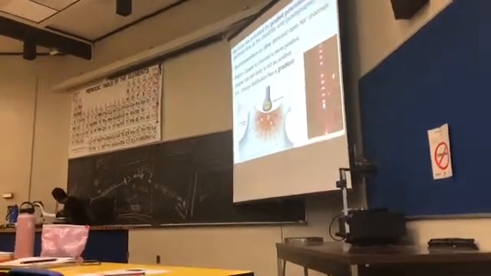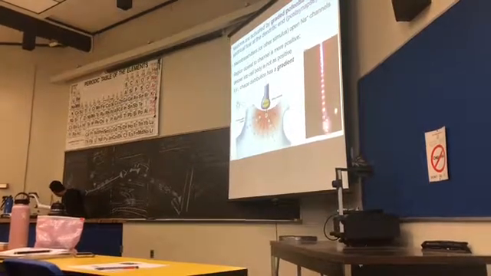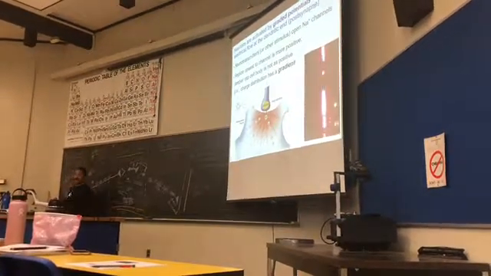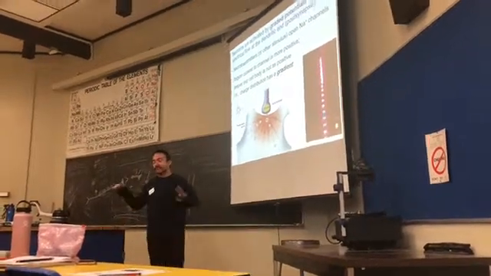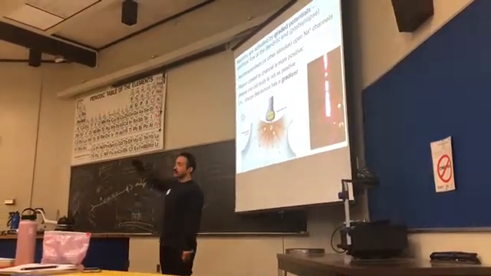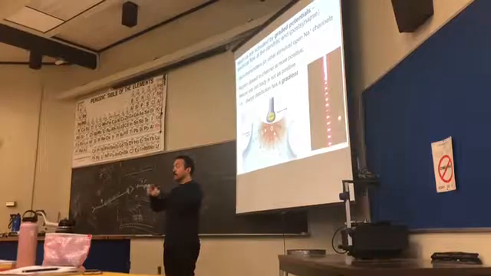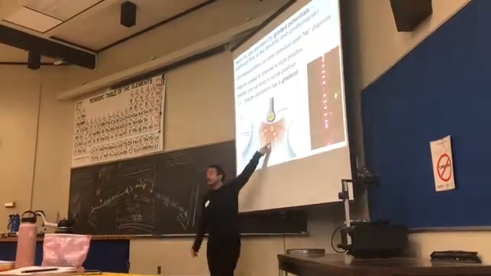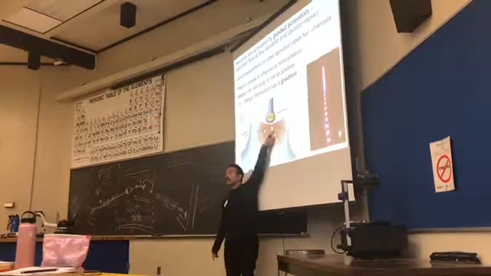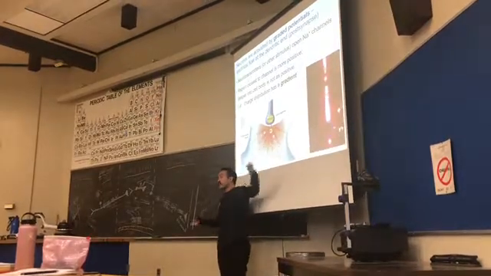The channel opens up that lets sodium rush in. Same process we've seen for muscle fibers. It's a different receptor, but same basic process. Neurotransmitter binds, receptor's activated, channel opens up, sodium rushes in. We get that rush of sodium. Sodium has a positive charge. And the movement of charge, that's what electricity is.